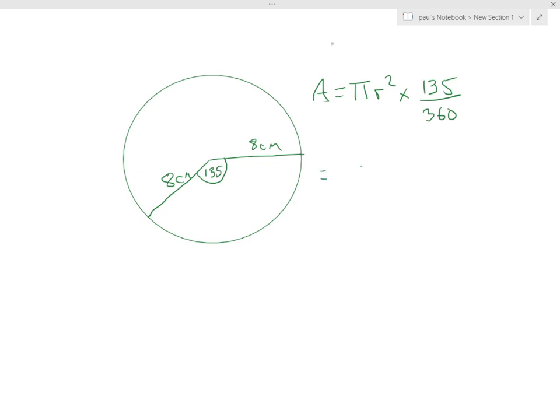So that will equal pi times 8 squared is 64 times 135 over 360. And let's do that. Pi times 64 times 135 divided by 360 is 75.4 centimeters squared to 1 decimal place.